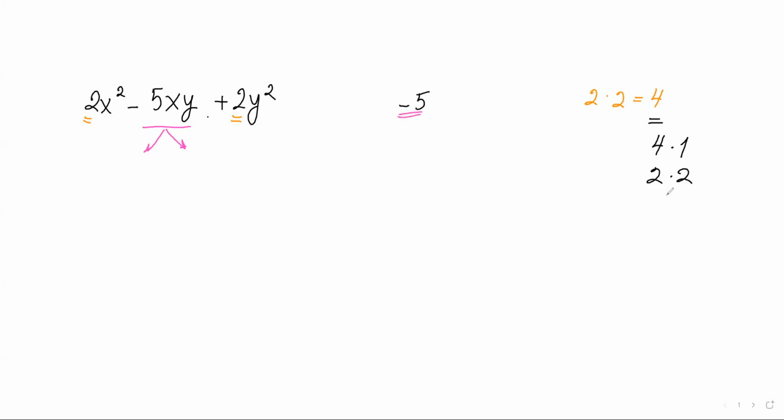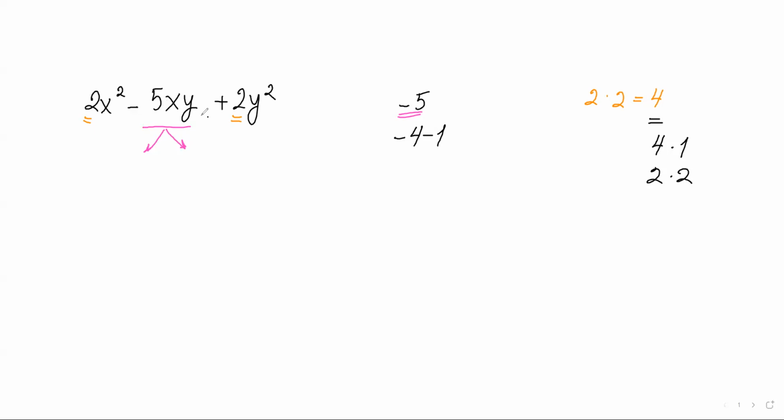How can we create minus 5 if we have 2 and 2 or 4 and 1? From 2 and 2, possibly not. But from 4 and 1, I see that it could be negative 4, negative 1, and that will result in negative 5. So this is what I'm going to do.